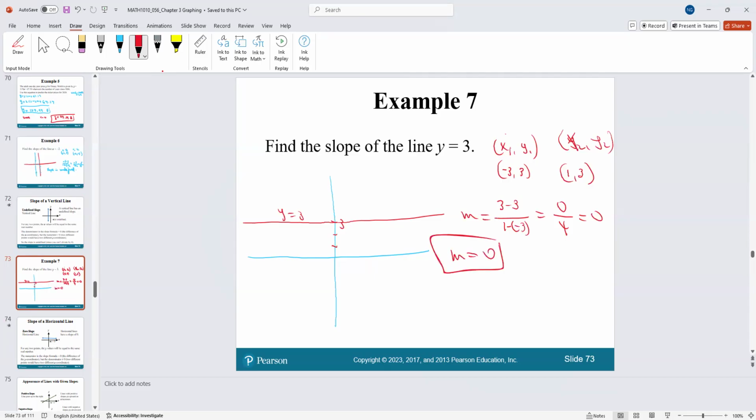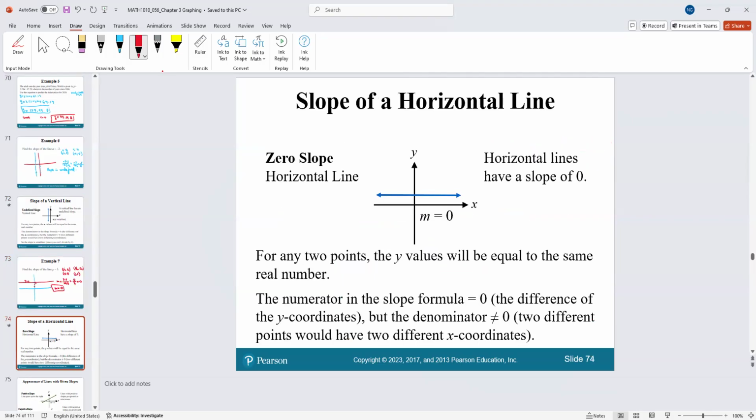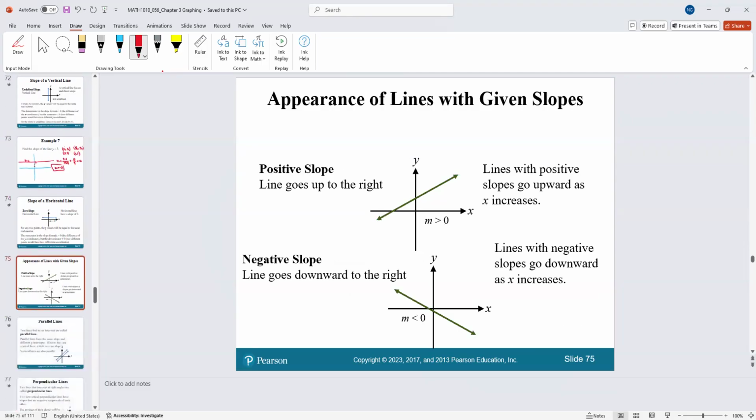All horizontal lines have a slope of 0. For any two points on a horizontal line, the y values will be equal to the same real number, so the numerator in the slope formula equals 0, the difference of the y coordinates, but the denominator would be different because two different x's give you different numbers.